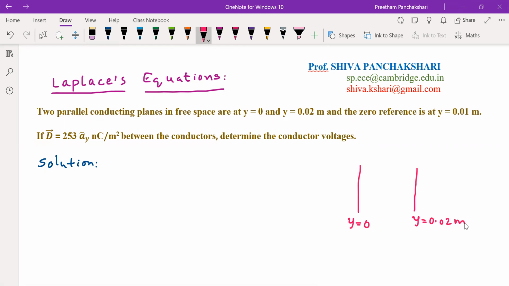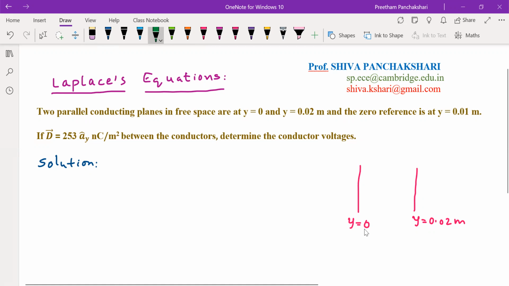And the zero reference, meaning V equal to 0, is located at y equal to 0.01 meters. In our regular problems, one of the planes is grounded. One of the planes is taken at the potential 0. But in this problem, they have given the zero reference potential at y equal to 0.01 meters.